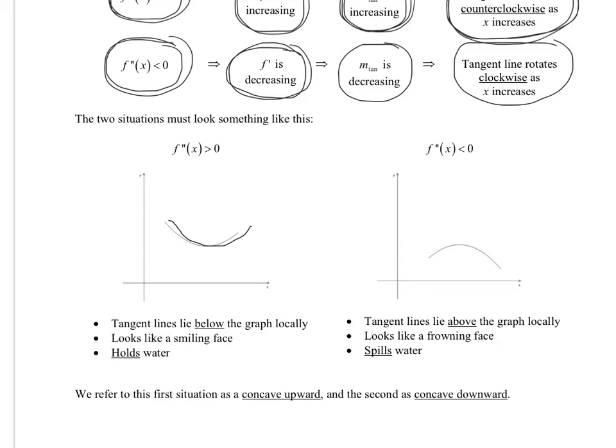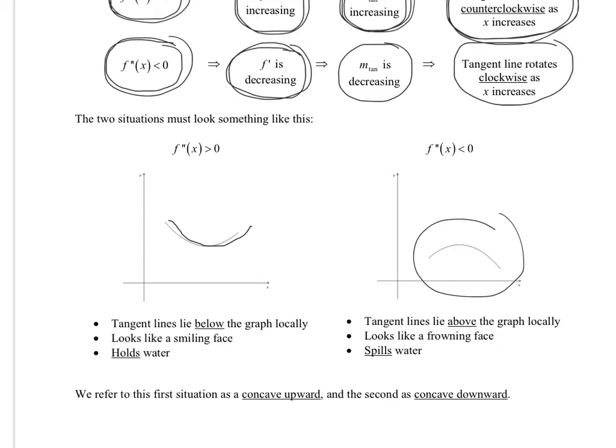On this second curve, as you move from left to right, the tangent line is going to rotate clockwise. And so the figure on the left illustrates a situation in which f double prime of x is positive, and the figure on the right illustrates the case where f double prime of x is negative.